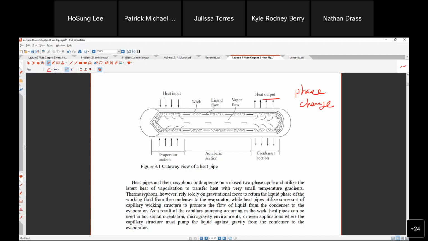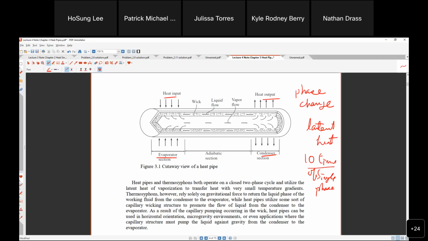Condensation, evaporation, condensation, evaporation. So the latent heat is about 10 times that of a single phase. 10 times, very high enthalpy, very high.